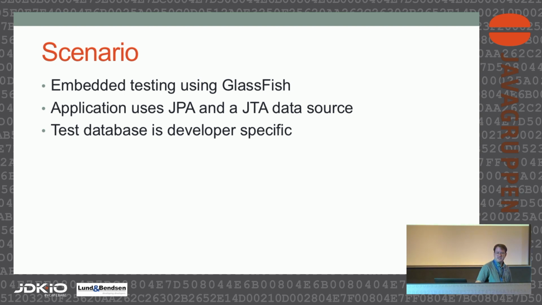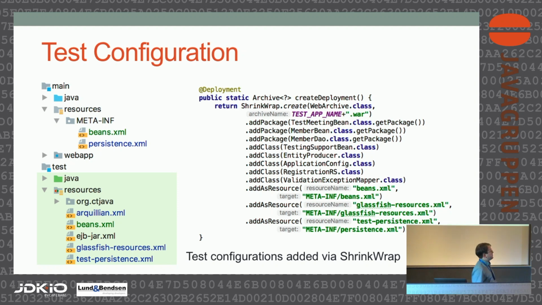So let's look at an example scenario. An embedded test using GlassFish. The application uses JPA and JTA data sources, and the test database is developer specific. So this is the project right here. I've got a custom arquillian.xml, GlassFish resources, and test persistence resources, and those are on the test class path.